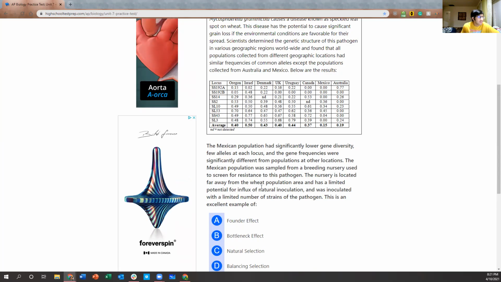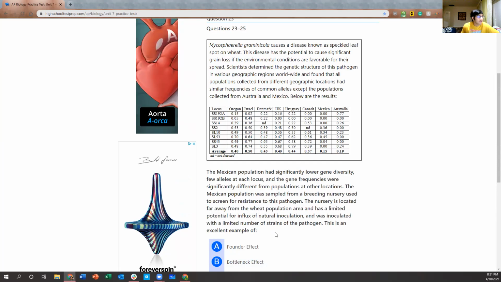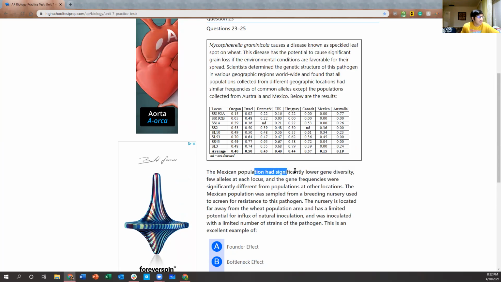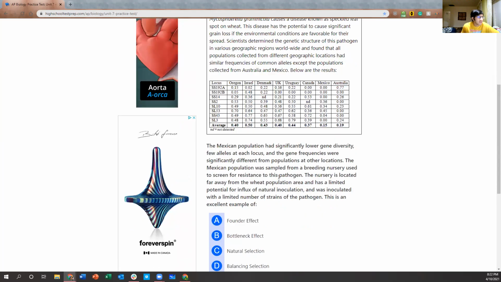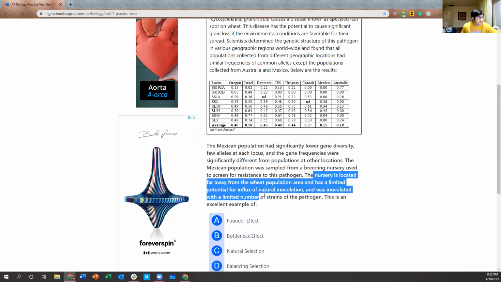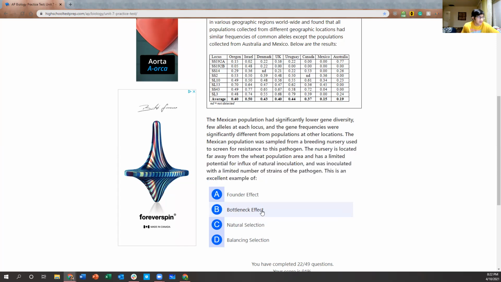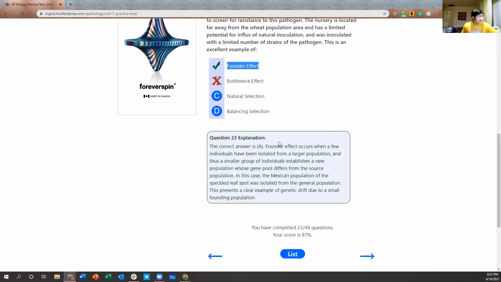I don't know, this seems like there's some sort of bottleneck event here. Population has lower gene diversity. I'm not sure. Nursery is far away from the wheat population area. Well, here's the thing. It doesn't seem like they're founding a population. It's probably a bottleneck because they were probably taken out by much of the pathogen. I don't know. Is it founder effect? Never mind. Let's see what their explanation is.